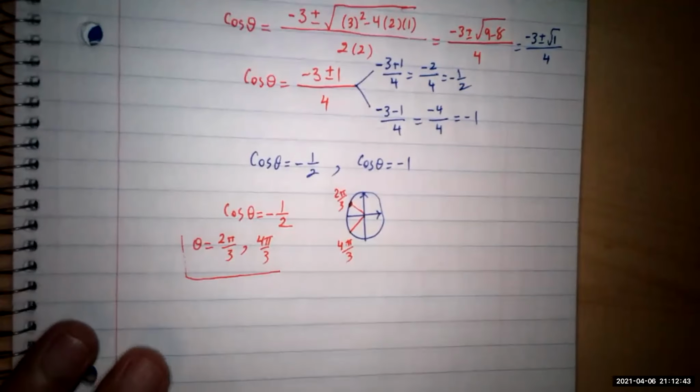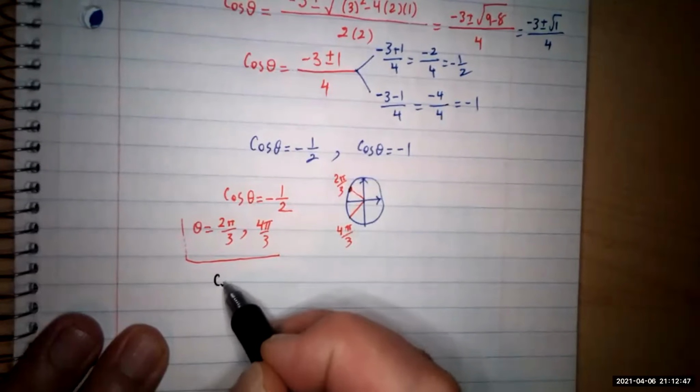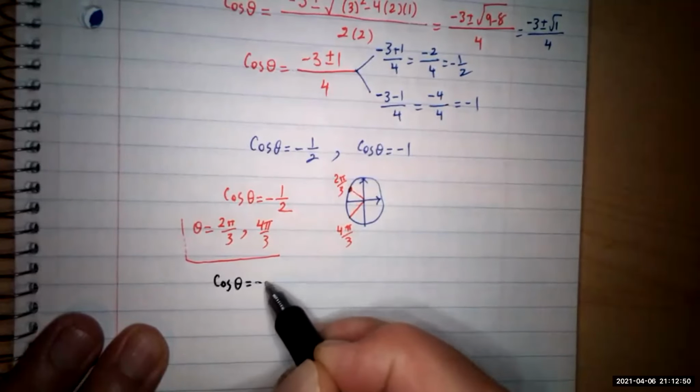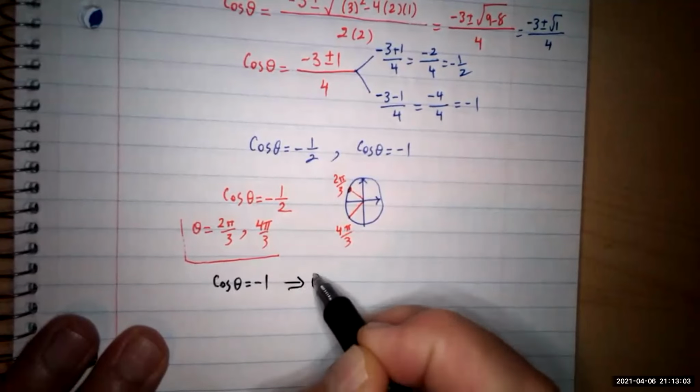Any question? But remember, you have one more. Cosine theta equal to -1. And -1 is the cosine of pi. Okay, so you get only one solution for this one. So this is just theta equal to pi.